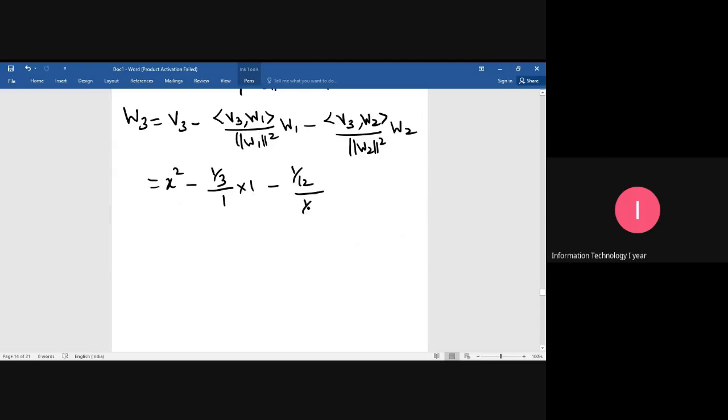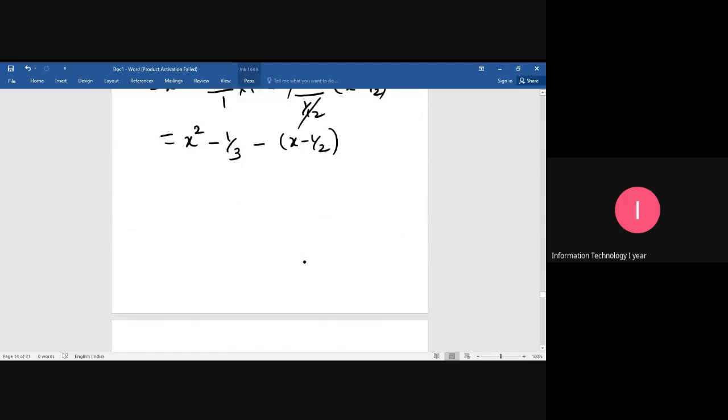So 1 by 12 into W2, where W2 is x minus 1 by 2. Take the simplification: x square minus 1 by 3, the 1 by 12 and 1 by 12 get cancelled, minus of x minus 1 by 2.